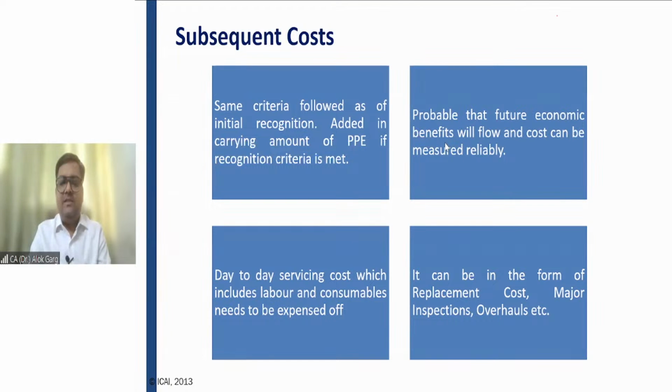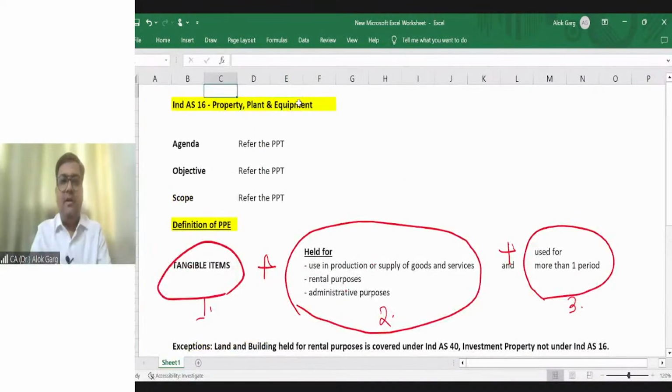So let's go to the Excel file, and there I'll discuss the practical part of it. I hope my Excel file is visible. Is it visible? Okay.